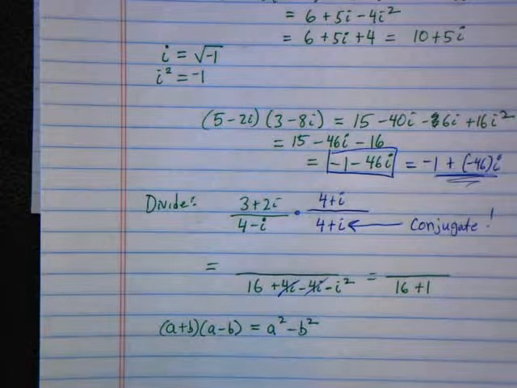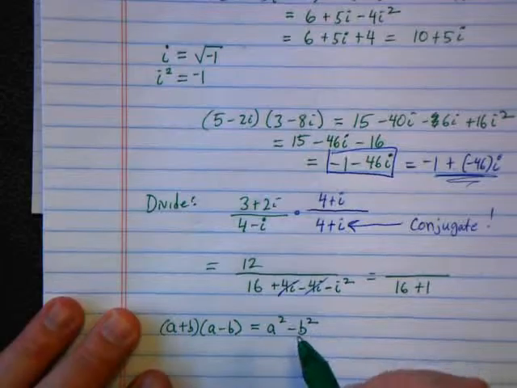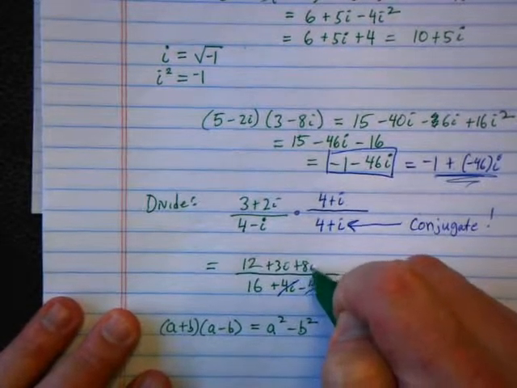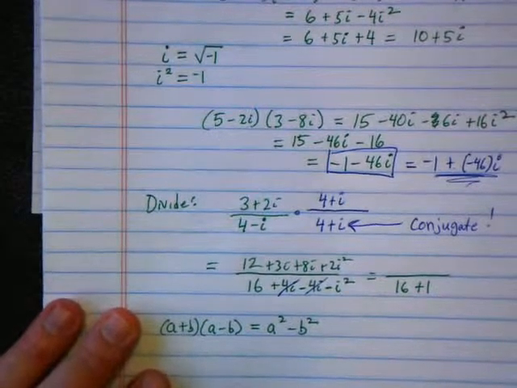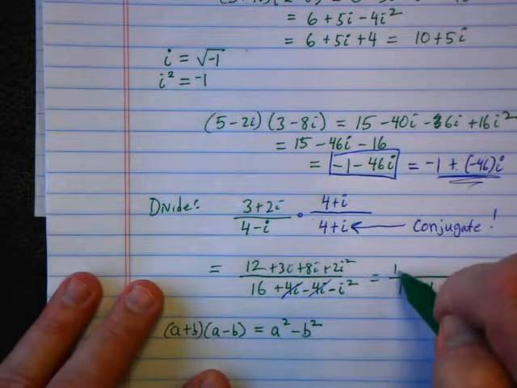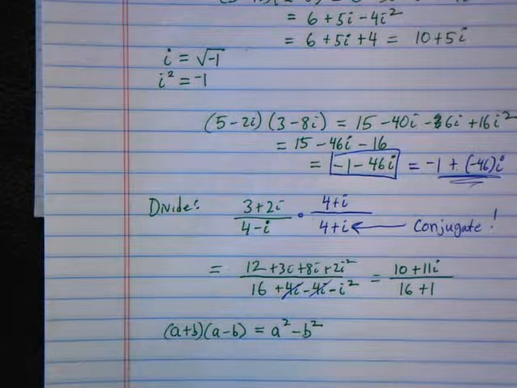Well, now we're going to do FOIL up on top and see what we get. Up on top we get 12 plus 3i plus 8i plus 2i squared. That becomes 10 plus 11i.